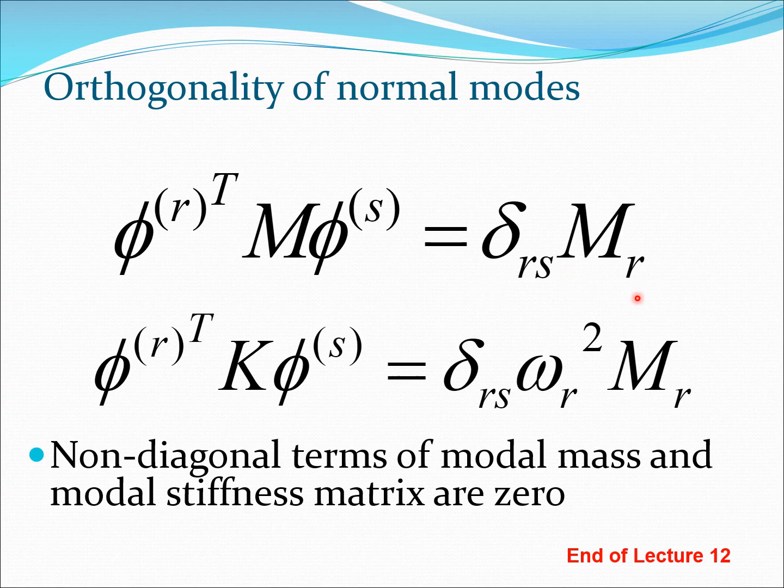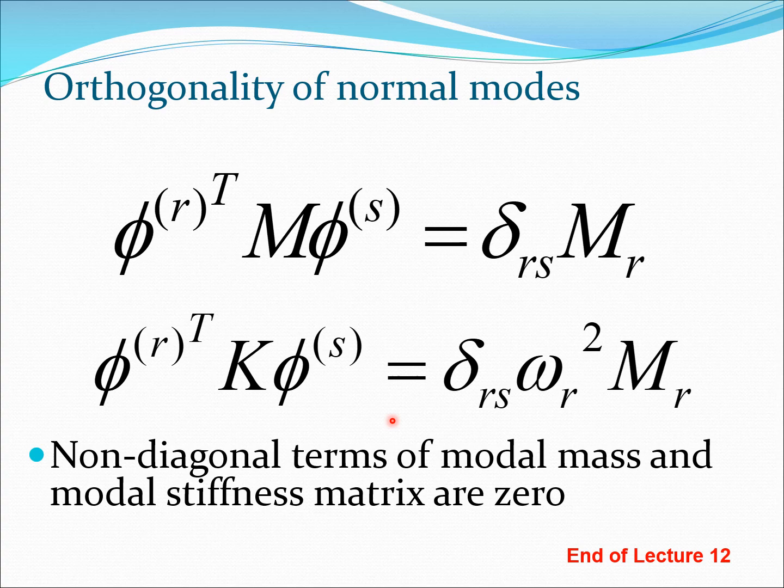And what this is telling you is that all the non-diagonal terms of the modal mass and modal stiffness matrix will become 0. So essentially when this action takes place on the typical mass matrix, it diagonalizes the matrix. When this action takes place on a typical stiffness matrix, it again diagonalizes the matrix. So these are two very important things which we can clearly see here.